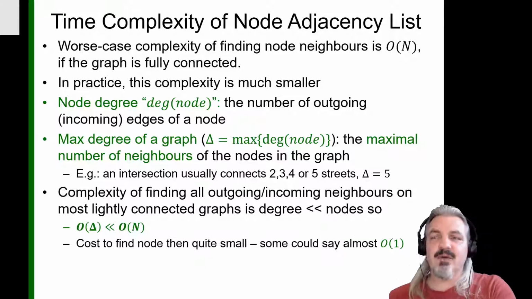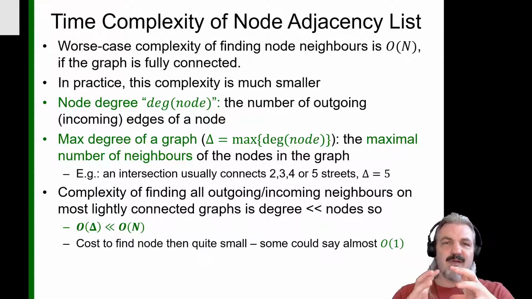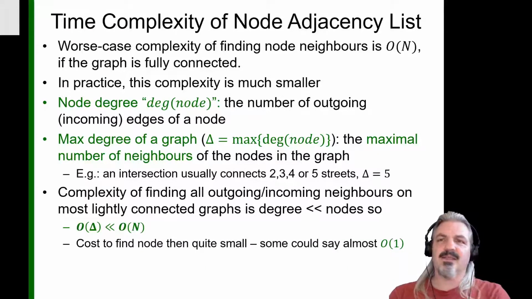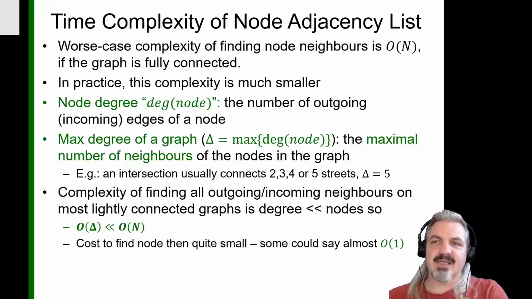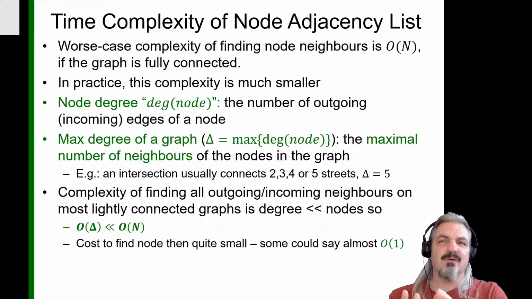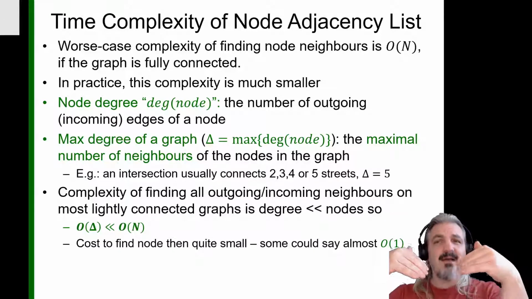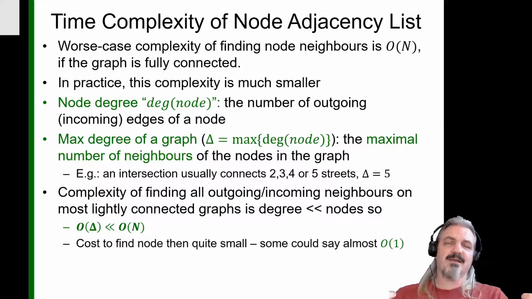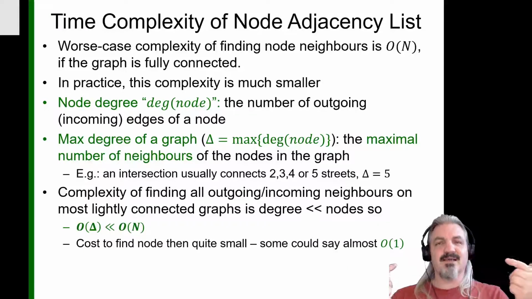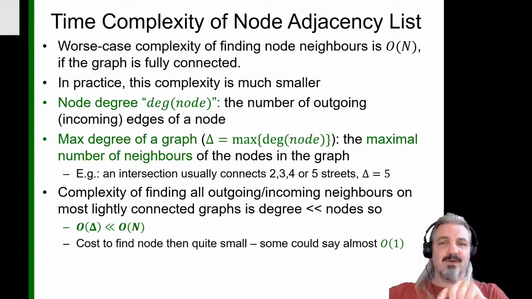When we look at the degree of a graph and the degree of nodes, this is graph theory stuff we'll be talking about. An intersection is usually 2, 3, 4, sometimes up to 5 streets all arriving at a point. And as the comments have been coming in, normally we think of these as two-directional streets, but if we're talking about directed edges, they would all be one-way streets coming in and one-way streets going out.